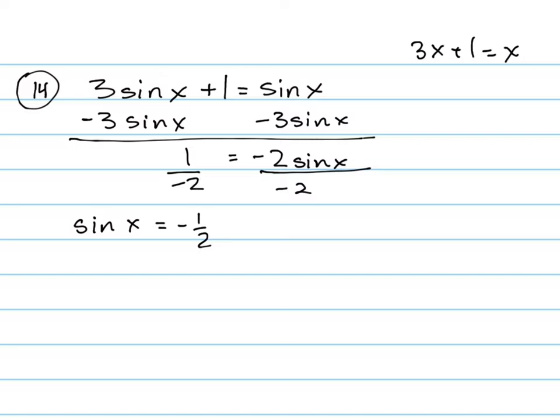Now, in which quadrants is the sine negative? In quadrants, what? Not 2, but in quadrant 3 and 4. So the sine for which angle? Let's do the positive angle first, the reference angle.